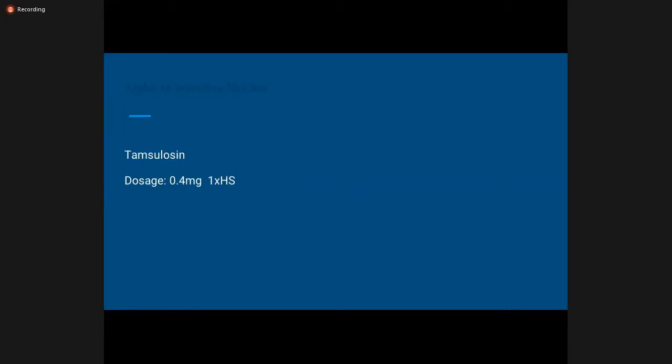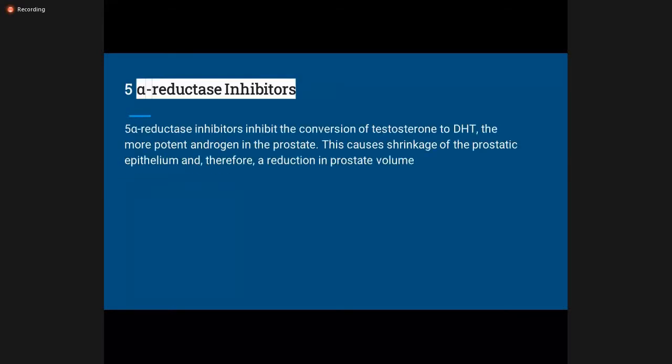And it's a single drug, single dosage drug one has to take before sleep, and it comes in the 0.4 milligram dosage. So our medical treatment is moving on from alpha receptors to 5-alpha reductase inhibitors.